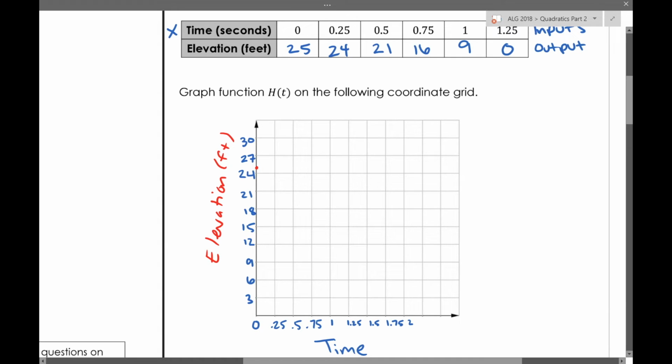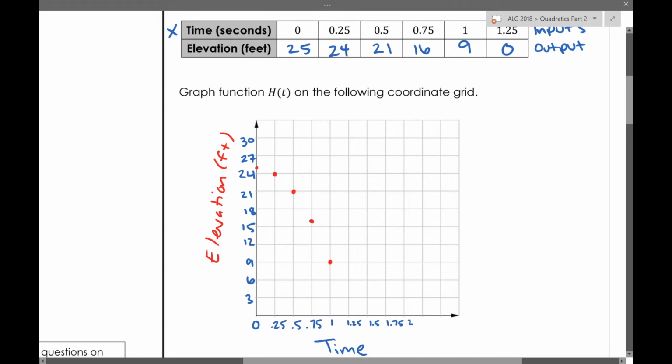Then I graphed the next one. At 0.25, I went 24 feet. So that's my next one right here. At 0.5 seconds, I went 21 feet, which is right here. At 0.75, I went 16. So that's about right here. At 1 second, I went 9.